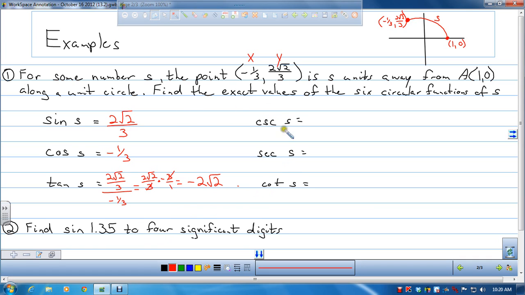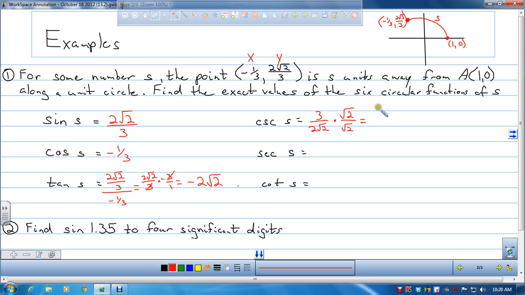So now my reciprocal functions are easy enough. I simply take the reciprocal of what I got for sine. So this would be 3 over 2 root 2, which I should know I need to rationalize that denominator by taking this times root 2 over root 2. Simplify here, right?